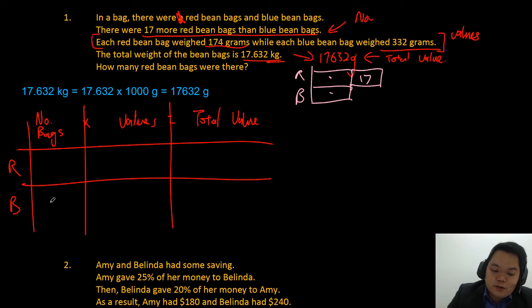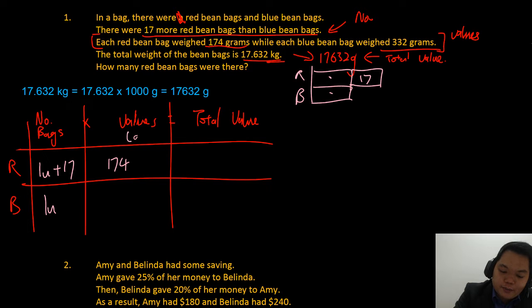So we can say that your number of blue bean bags here is 1 unit, and for red will be 1 unit plus 17. The values here, we can just put them in here. This is 174 grams, and this is 332 grams.